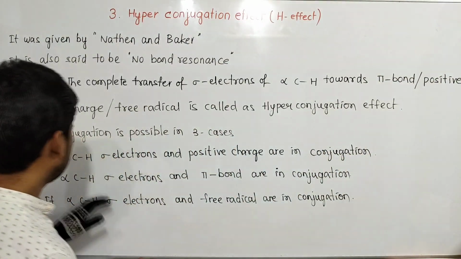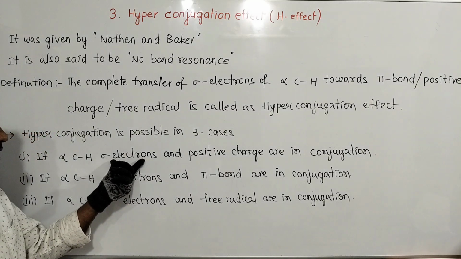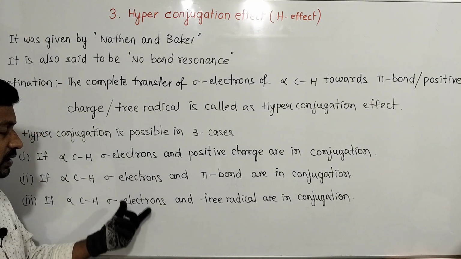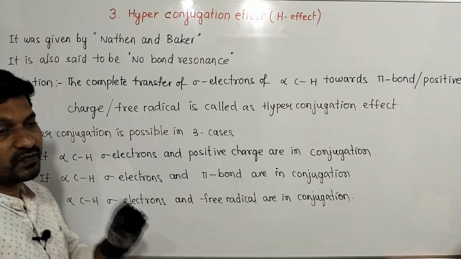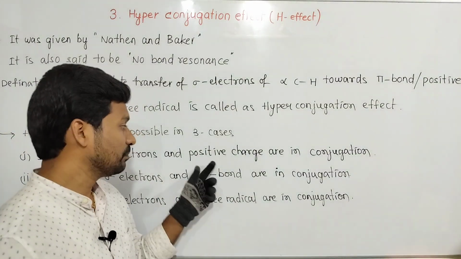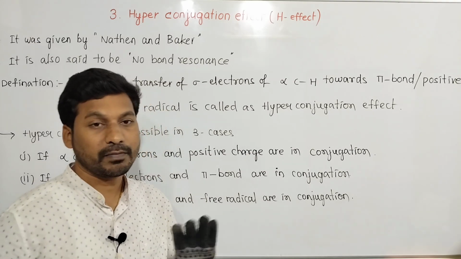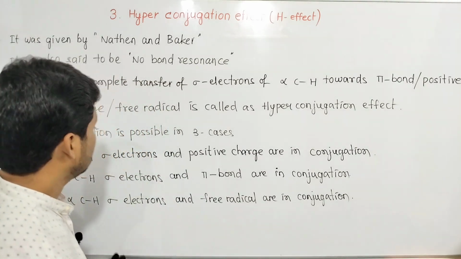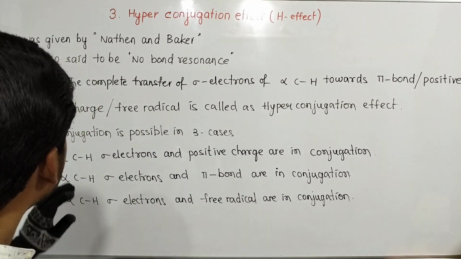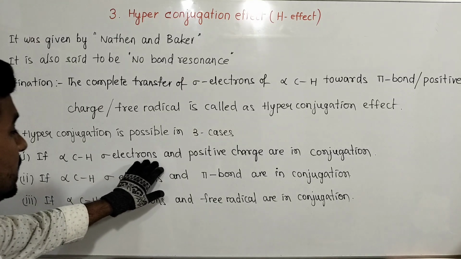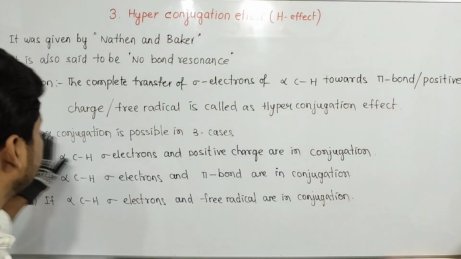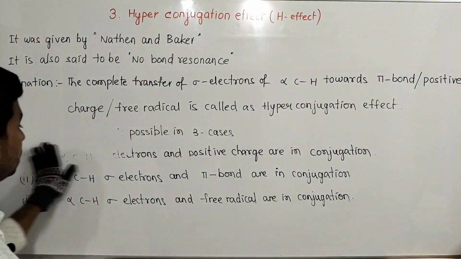In these three, the common thing is that alpha carbon C-H sigma electrons are a must in all three cases. Along with the alpha carbon C-H sigma electrons, a positive charge, or a pi bond, or a free radical may be in combination. Okay, take the first one, whenever alpha carbon C-H sigma electrons and a positive charge are in combination. I will see that.